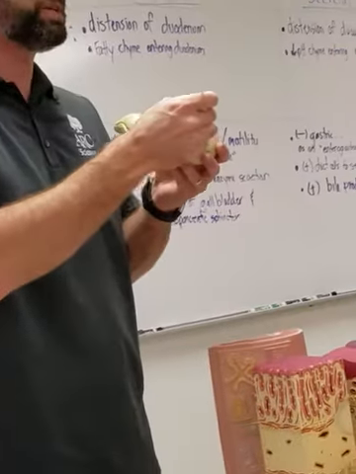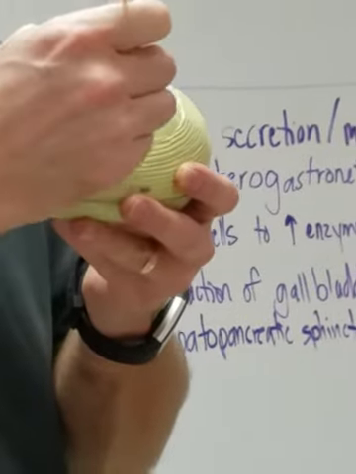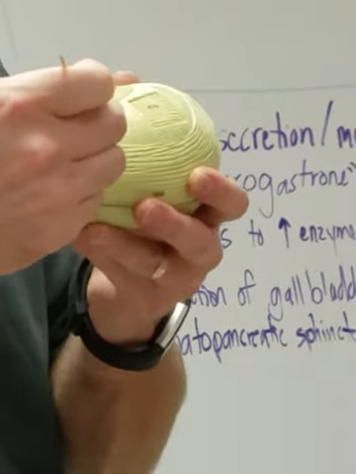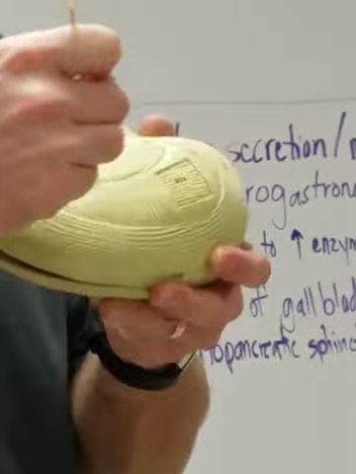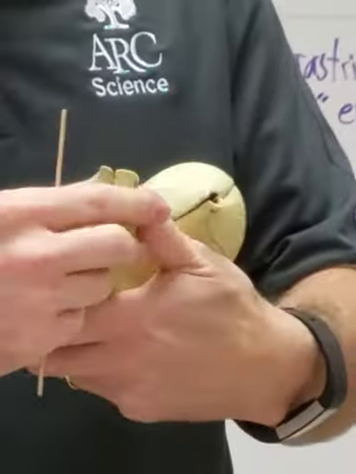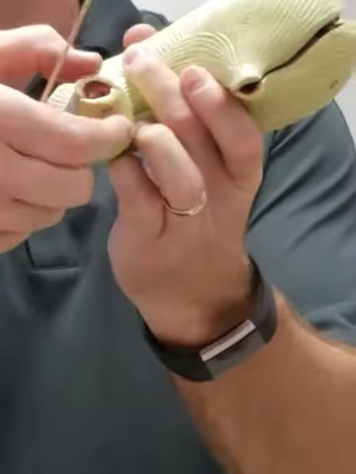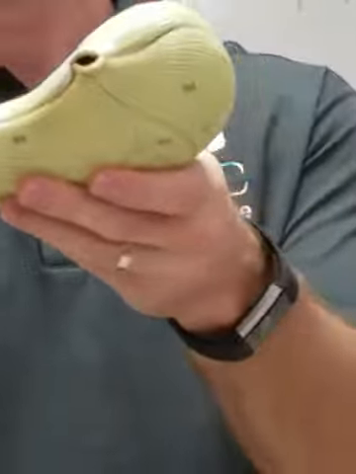Innermost layer of muscularis externa. Oblique. Superficial to that. Circular. Superficial to that. Longitudinal. So there's a sphincter, a very small opening in there. So what sphincter's right here? Pyloric sphincter.